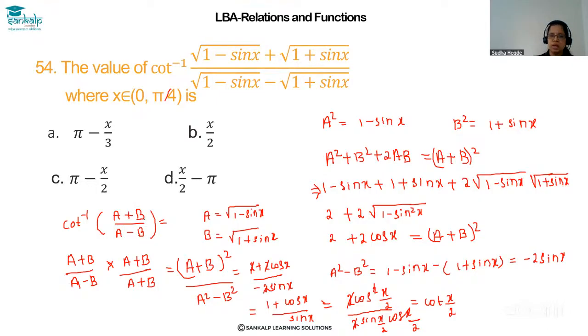So the given expression reduces to what? Can you tell me? Given expression reduces to, I will write here, cot inverse of cot x by 2, which is actually minus cot x by 2.